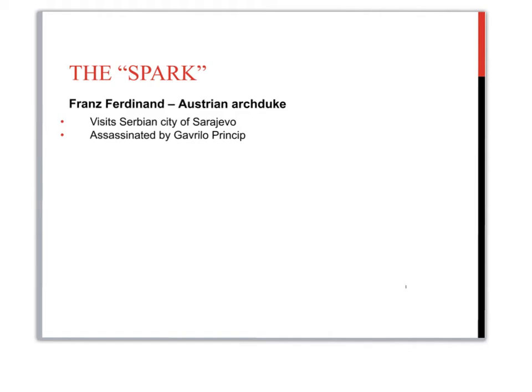For the most part, Franz Ferdinand, who was the heir to the throne, was visiting Sarajevo, and there he had gotten into an open motor, a convertible car, and they were touring through the city. There were several assassins sent, not just Gavrilo.